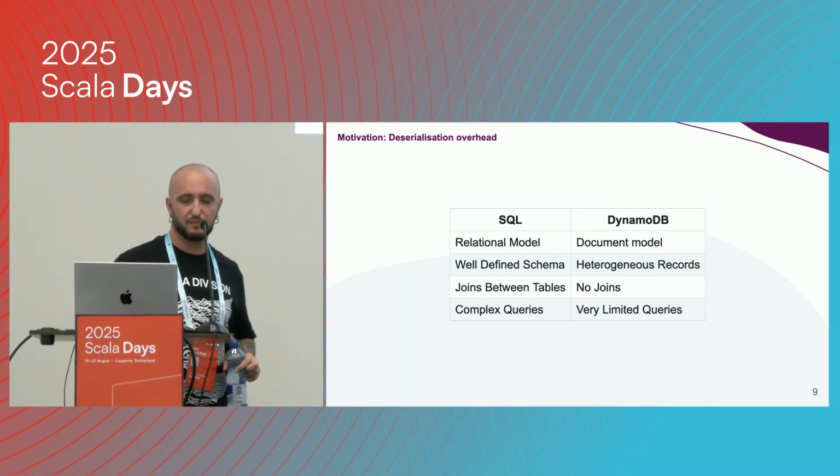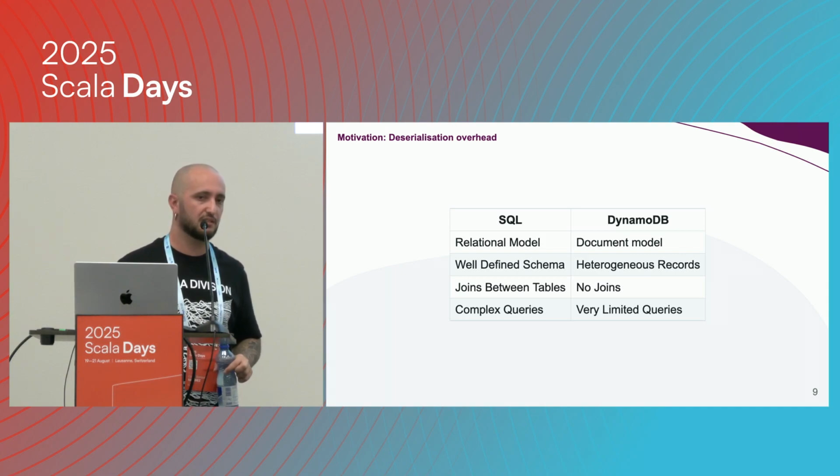So instead of having a well-defined schema and the ability to shape the data that you're retrieving in the database itself, most of the time you have to get the full document, and then once it's deserialized, you map it to something else.